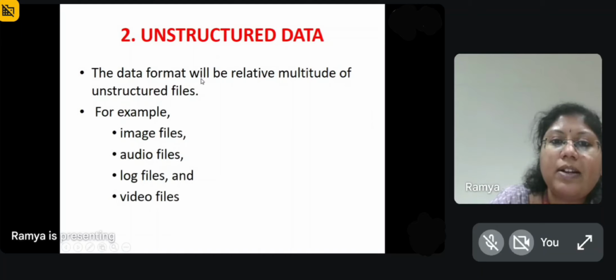So the data format which will be a relatively multitude of unstructured files. For example, image files, audio files, log files, and video files. It all belongs to the unstructured data. Now in 2025, most of the data in the database is based upon the unstructured as well as the semi-structured data only, right?